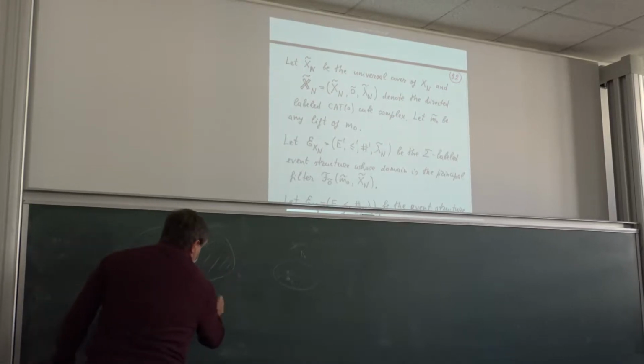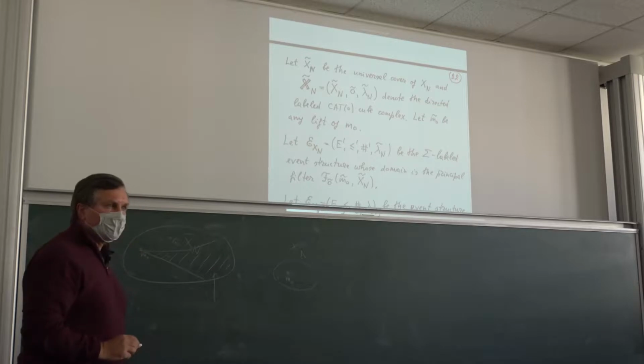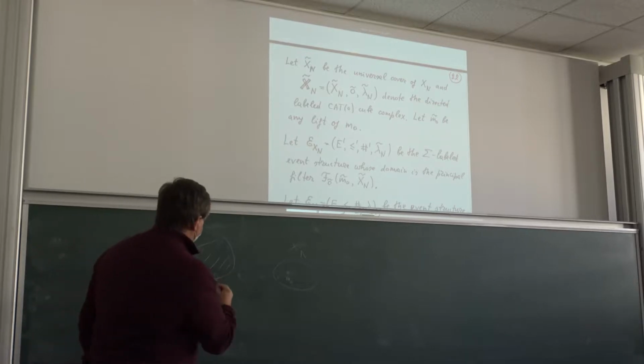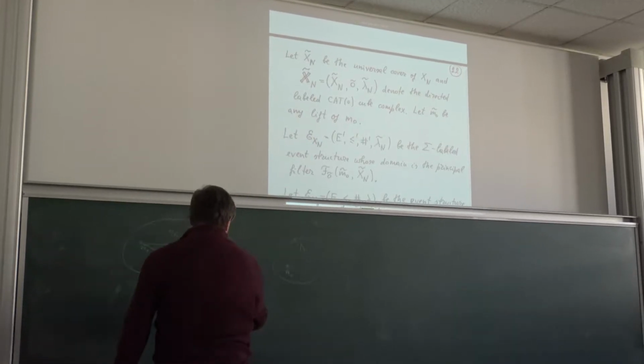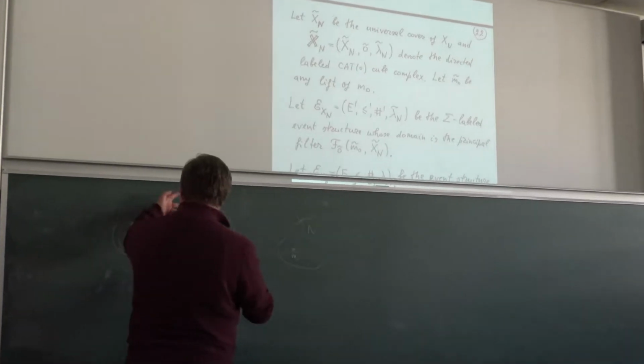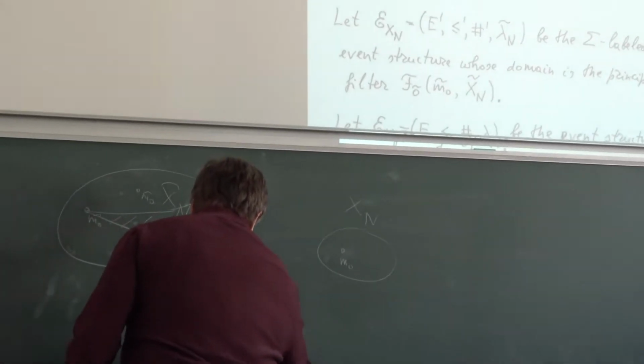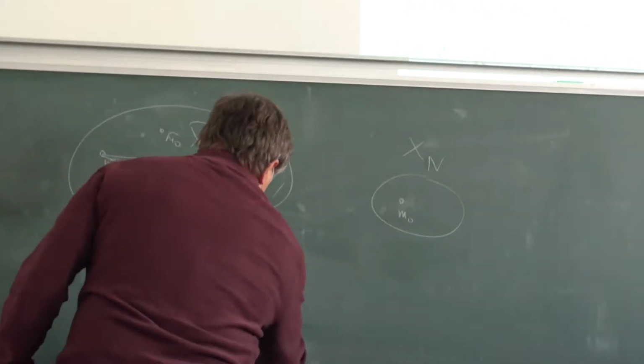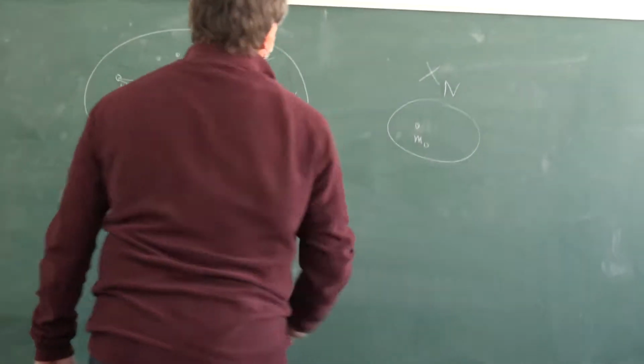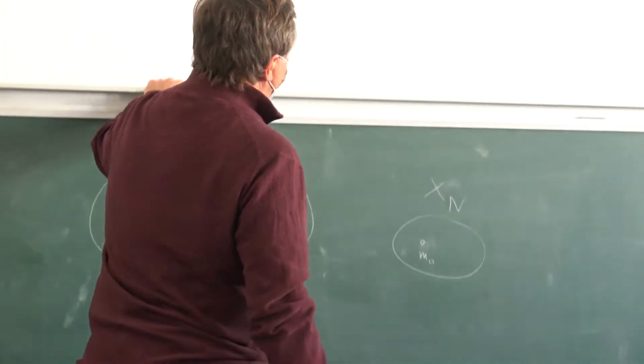And this is a domain of an event structure. And we denote this event structure, in fact, they will be all isomorphic, the event structure of x of n.